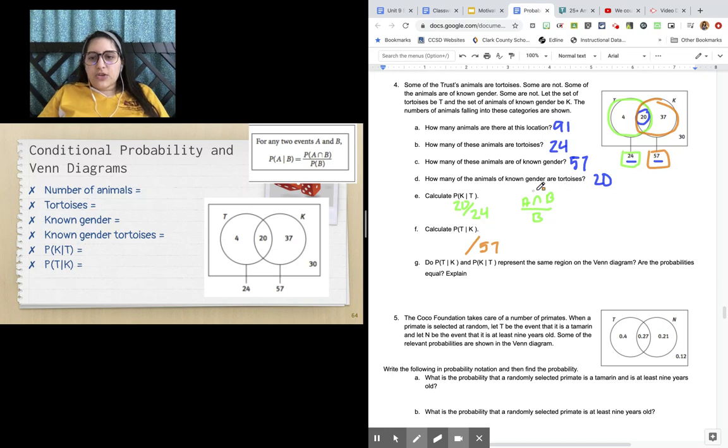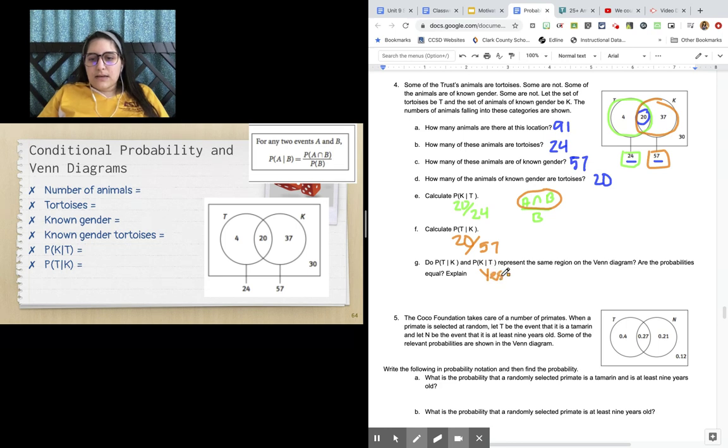But the intersection, what they have in common, how many of the K animals also fit in the T category, is still 20. So in both examples the numerator is the same, and they represent the same place on the Venn diagram, which is what the last question asks: do they represent the same region?